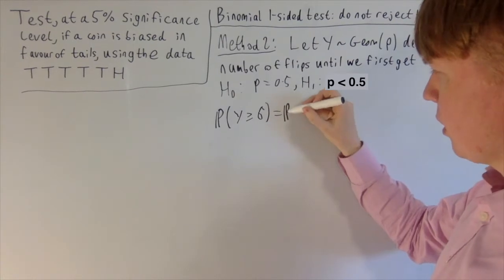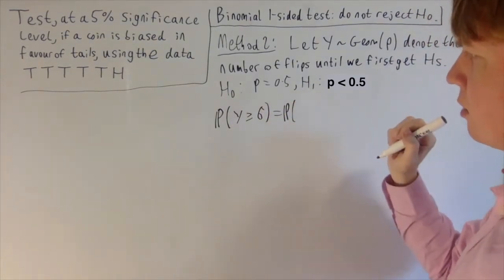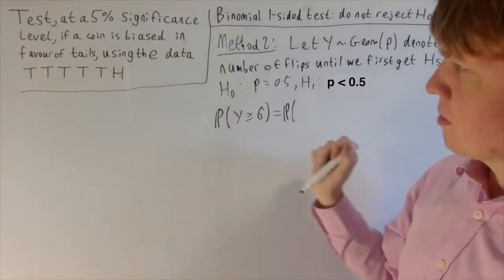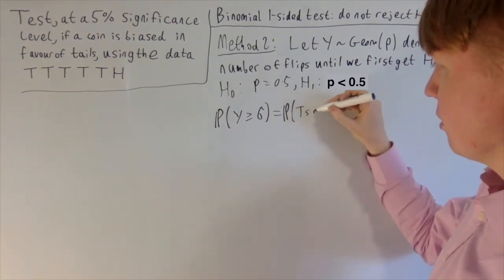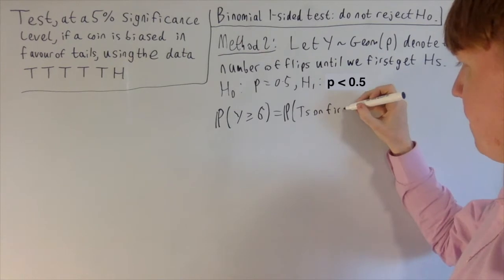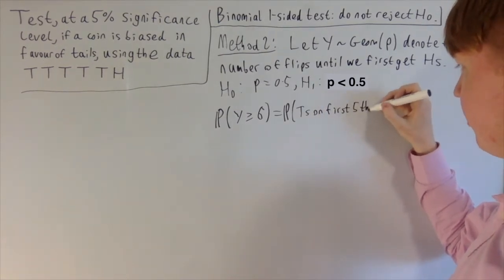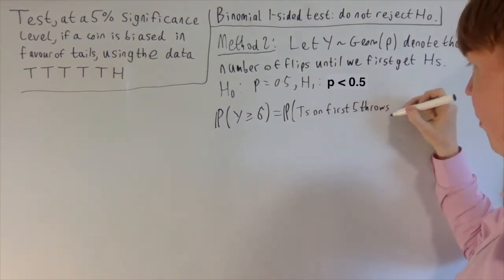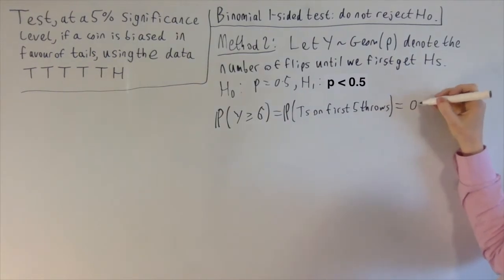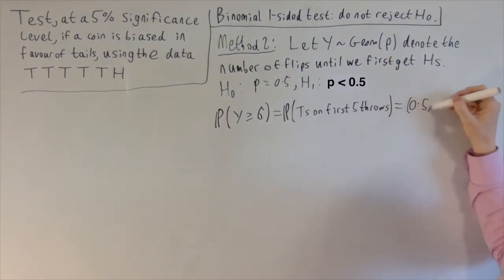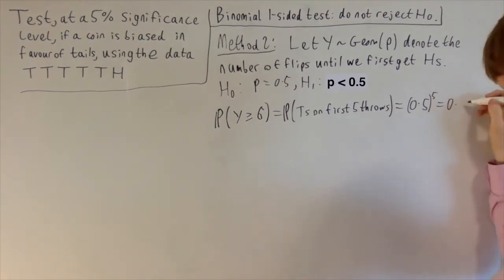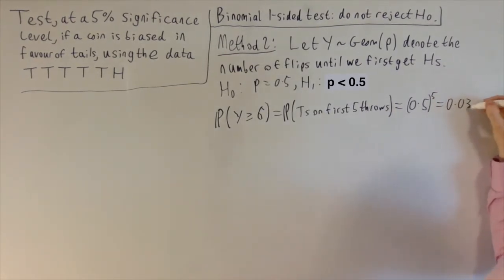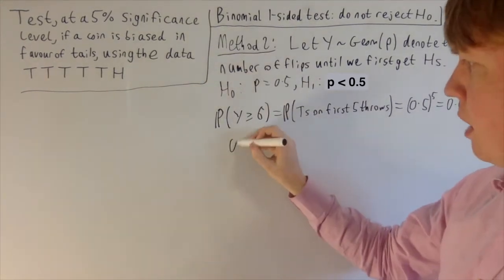But then, if you're clever, you notice that getting 6 or more flips until you get your first heads is the same as getting tails on the first 5 throws in a row. This is just a half to the power of 5, which is 1 over 32, or 0.03125.